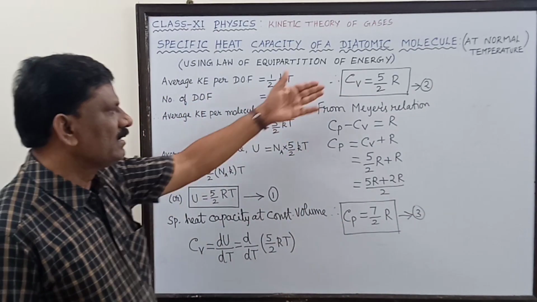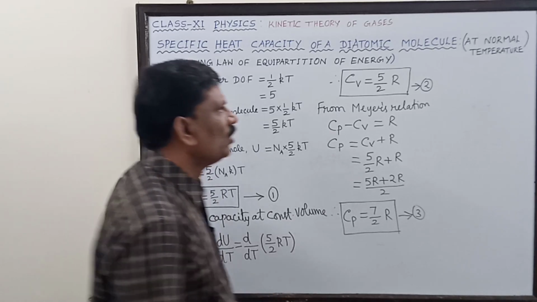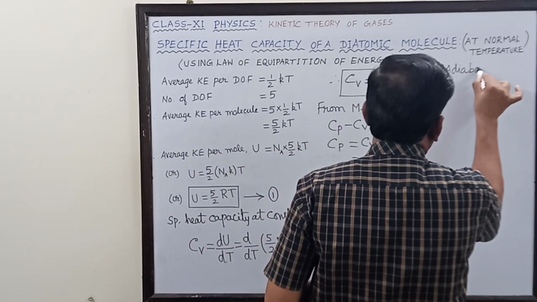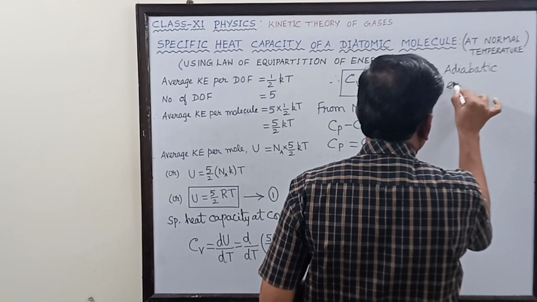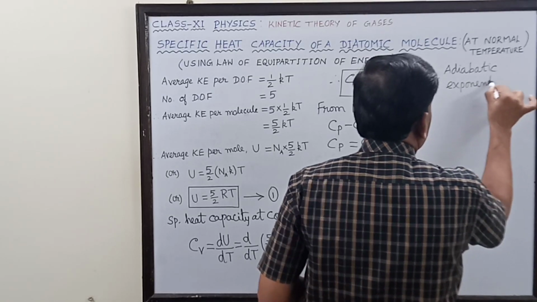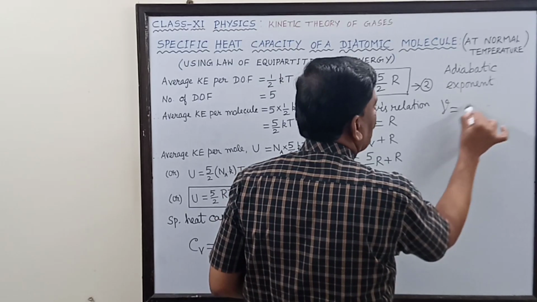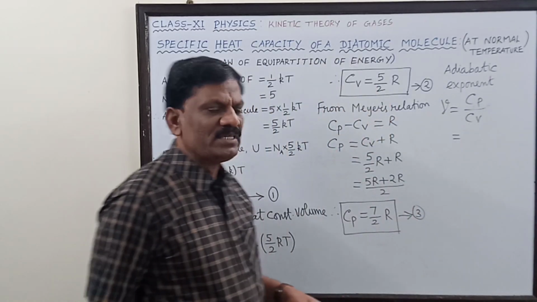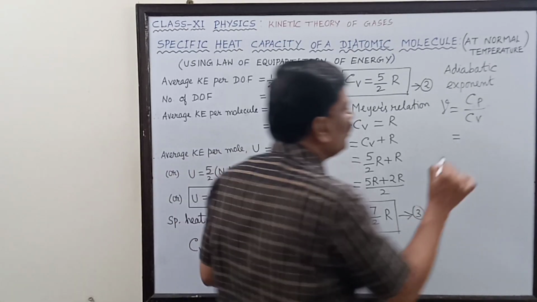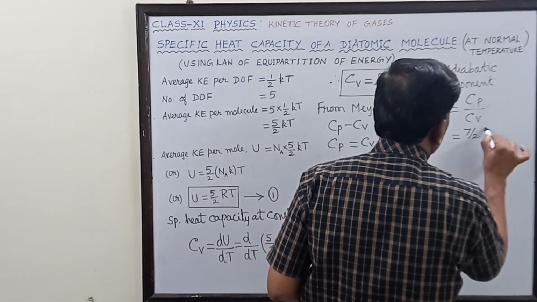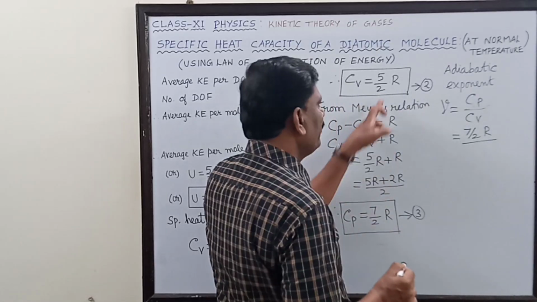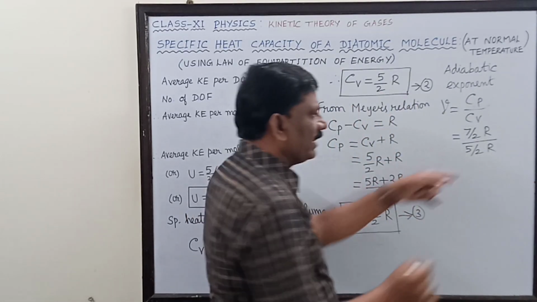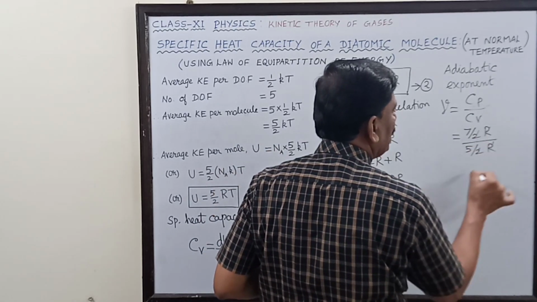Now once we have got Cv and Cp, how do we determine the adiabatic exponent? The symbol for the adiabatic exponent or adiabatic constant is gamma. This adiabatic exponent gamma is the ratio of Cp and Cv. Now we substitute Cp equal to 7 by 2 R, divided by Cv, which is 5 by 2 R. Now cancelling the constants, the 2 and 2, R and R get cancelled.